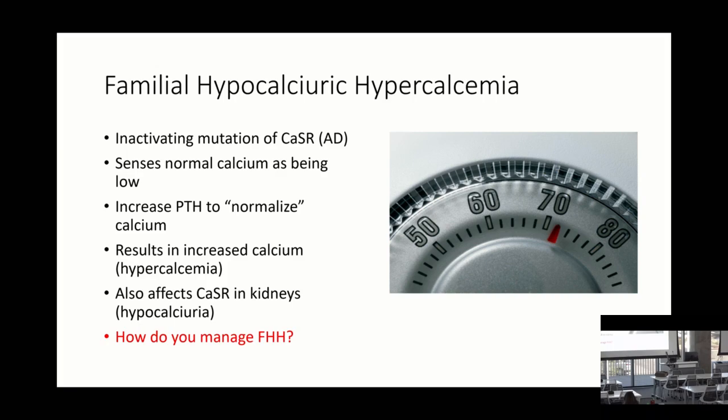The normal response of the kidneys to hypercalcemia is to increase the calcium in the urine. But if you don't have that happening, it means that there's a defect in both the parathyroid and the kidneys. Is that too confusing? Okay, good.